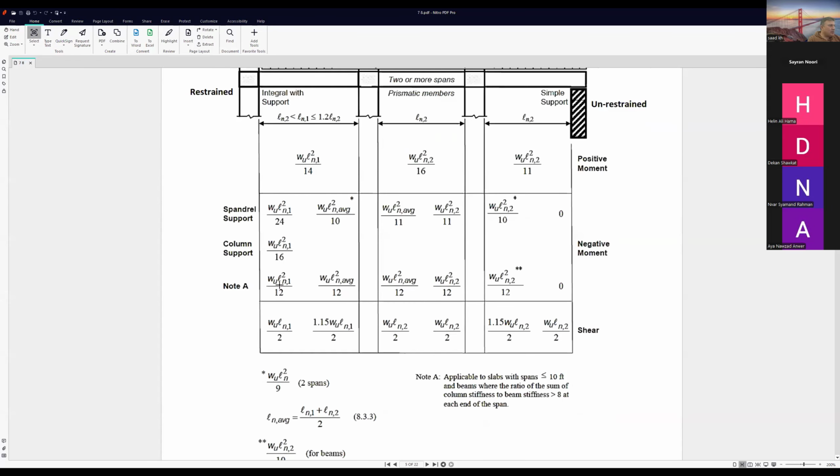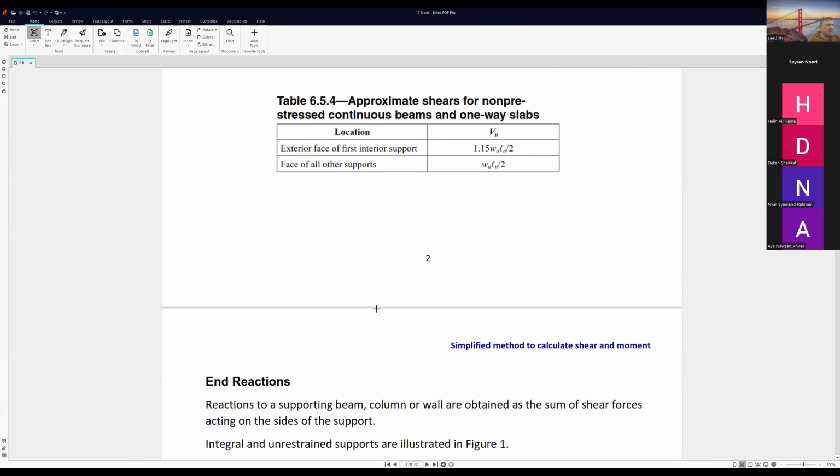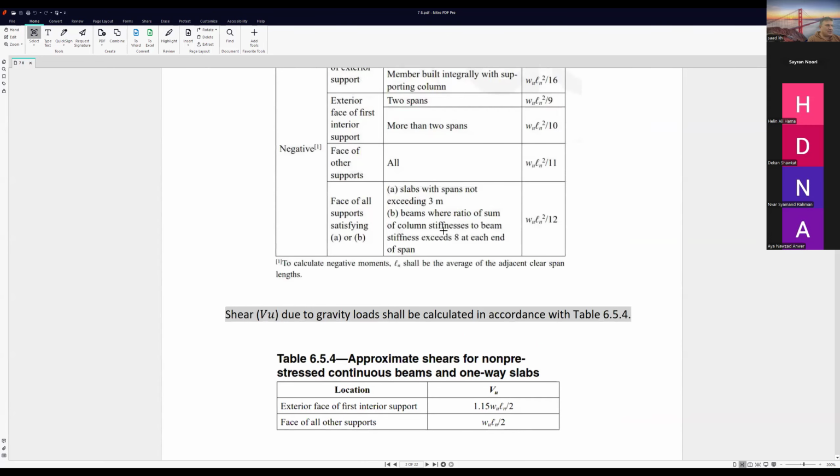Then WL square over 12 for all. This is the special case. It is rarely used.